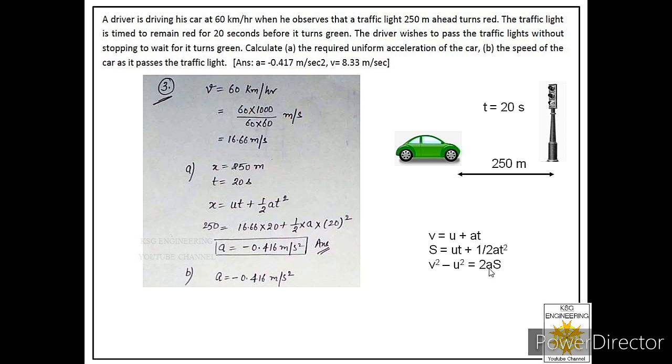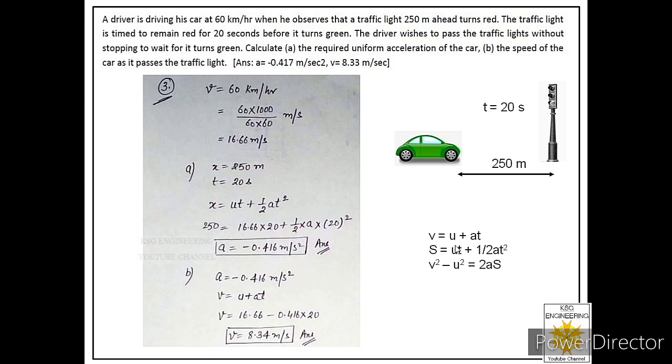We know the retardation, we know the distance, we know the initial velocity, so we can use this equation. Over here also, we know the initial velocity, we know the acceleration, and we have the time. It means we can use this equation also. So these two equations are applicable for the second part, that is the B part.